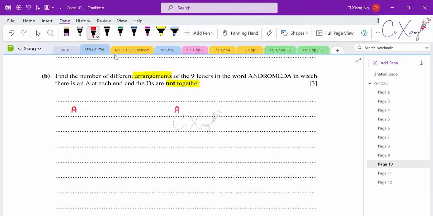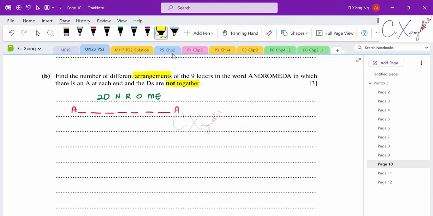So I have 1 A in front, 1 A at the last digit. Okay, then after that, I have 7 letters in between. So 1, 2, 3, 4, 5, 6, 7. So for these 7 letters, what kind of letters do I still have? I have 2 D, then I still have N, R, O, M, E.